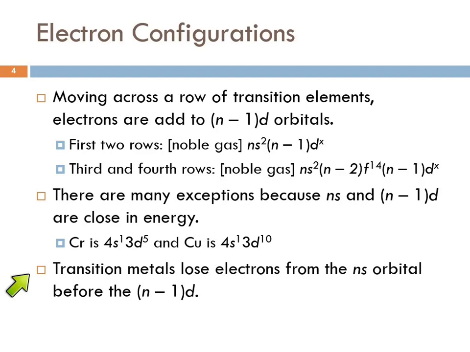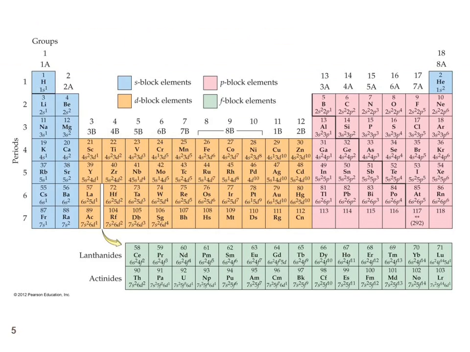When these transition metals lose electrons, they lose them from the ns orbital. They do not lose them from the (n-1)d orbital first. Let's look at the periodic table. Here's chromium. Vanadium is 4s2 3d3, and we would expect chromium to be 4s2 3d5.